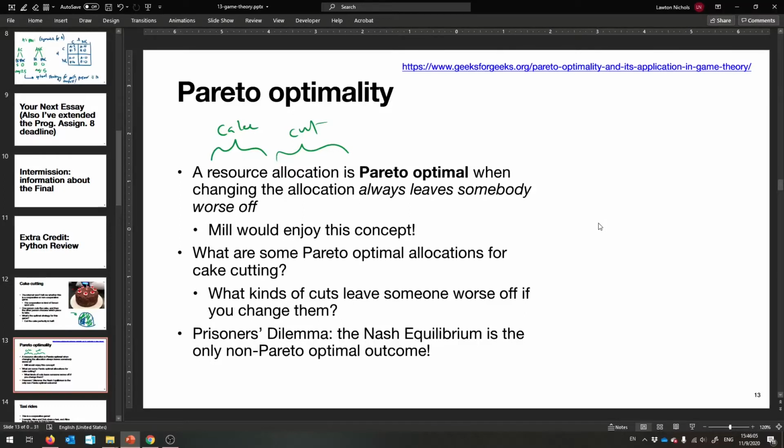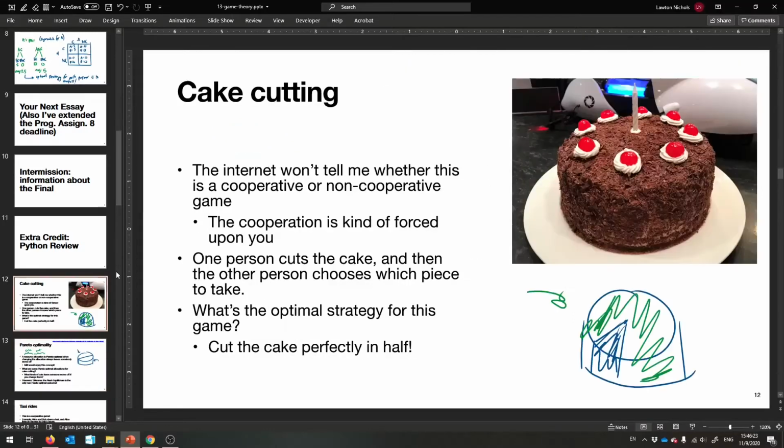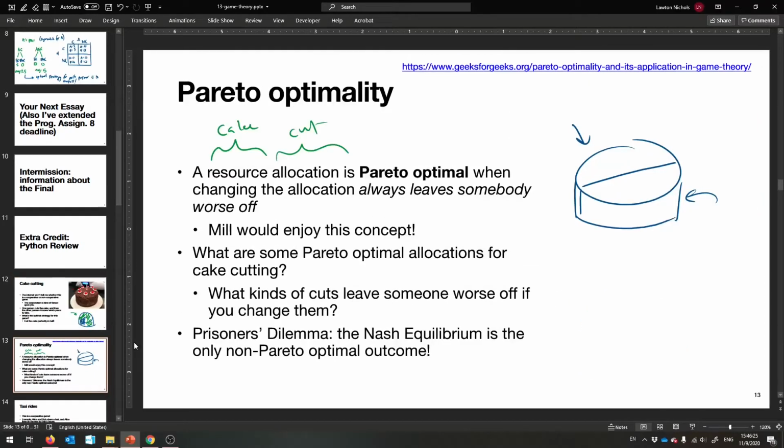So let's figure this out. Let's go back to our optimal cake cut. Cut it straight in half. You get this one, your sibling gets that one, everybody's happy, right? There's an equal number of cherries and everything. It's all beautiful.